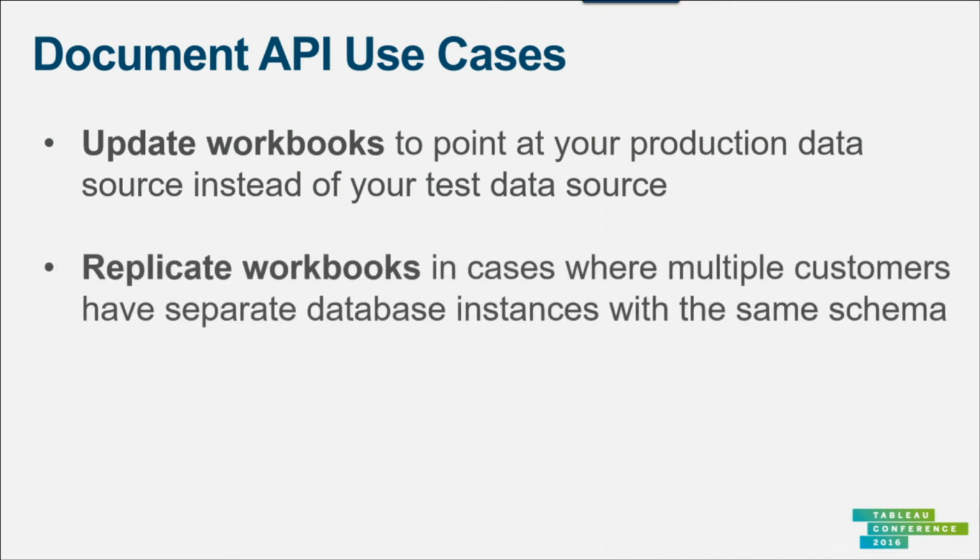The second example, and Mike and I were having a conversation with someone just before the session about exactly this use case, is where you are working with many of your customers, each of whom has their own separate database instance. If each of those database instances shares the same schema, you might have a single master workbook that you want to replicate and implement for all of your customers. The Document API is going to allow you to do that programmatically.